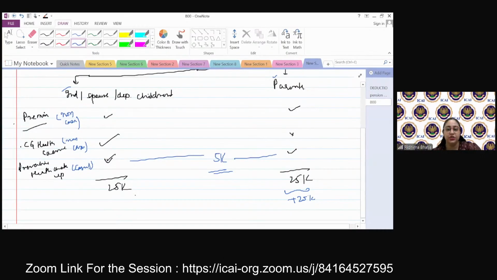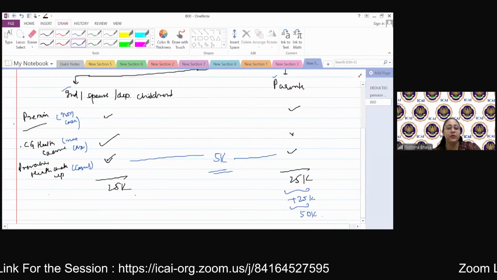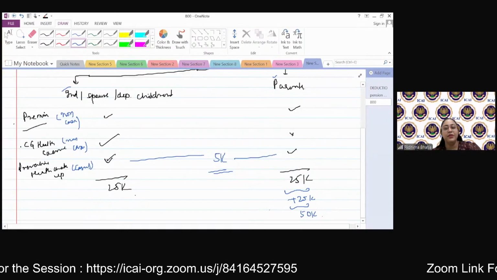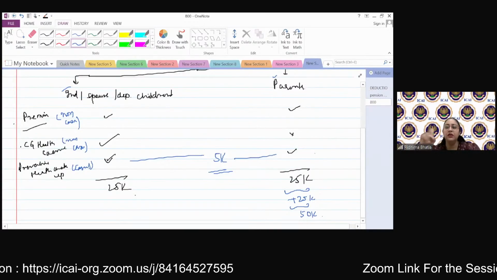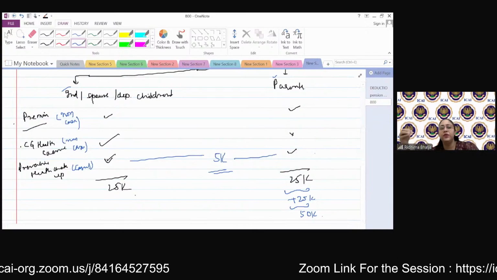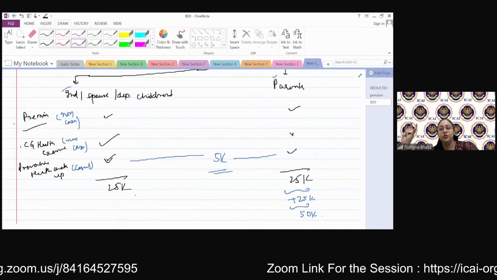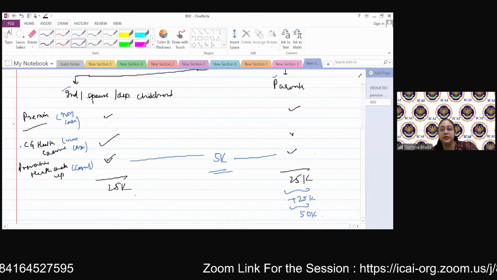Then I will get a deduction. Maximum is 50,000 for my parents and 25,000 for myself. So that makes it 75,000. Even a single parent, suppose father is 60 and mother is 58, then also parents ka jo maximum deduction ka cap hai, that increases to 50,000.